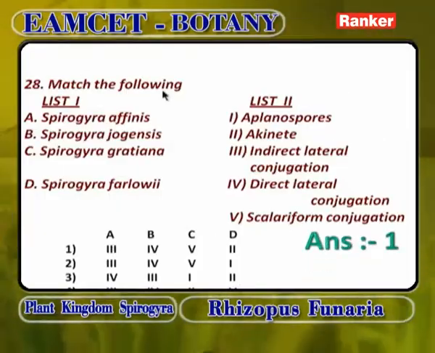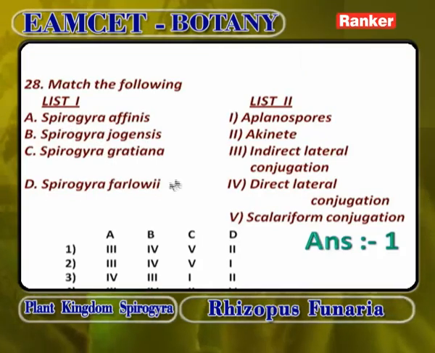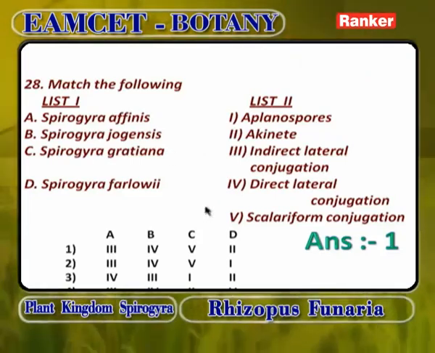Now this is a matching tabular form: Spirogyra affinis, Spirogyra jogensis, Spirogyra graciana, Spirogyra farlovi. Spirogyra affinis, indirect lateral conjugation, third option. Spirogyra jogensis, direct lateral conjugation, fourth option. Spirogyra graciana, scalariform conjugation, fifth option, because graciana shows both scalariform and lateral conjugation.